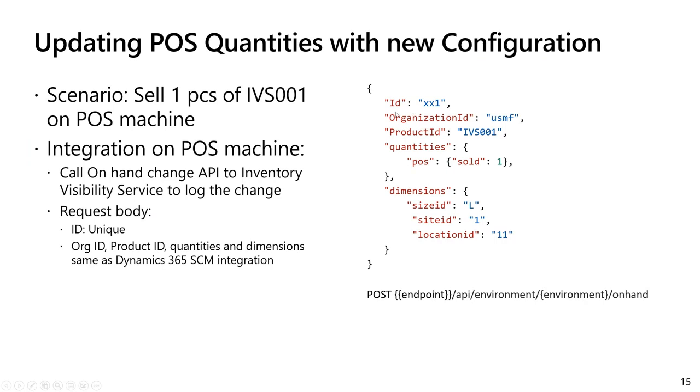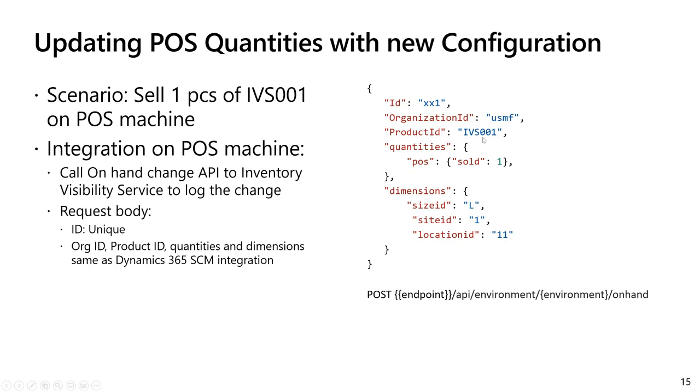So here's the request body for the on-hand change event. Firstly, it needs to contain an ID, which marks the uniqueness of each request. And it contains the organization ID corresponding to the data area ID in Dynamics 365 supply chain management, and the product ID attribute for the item ID.